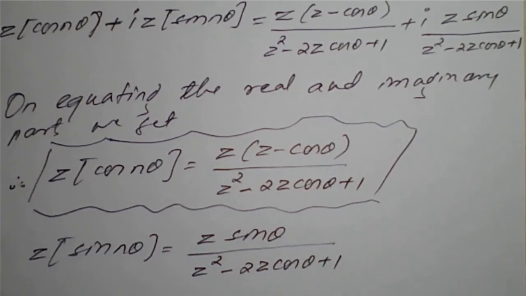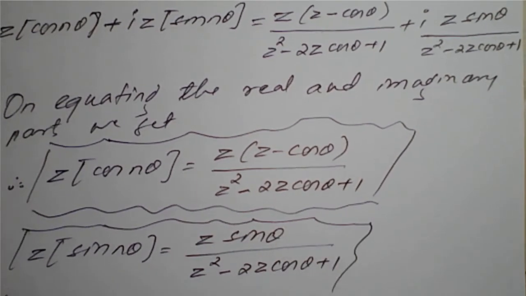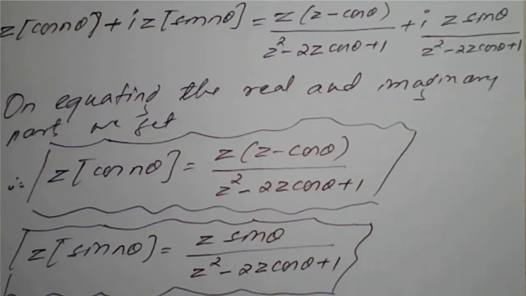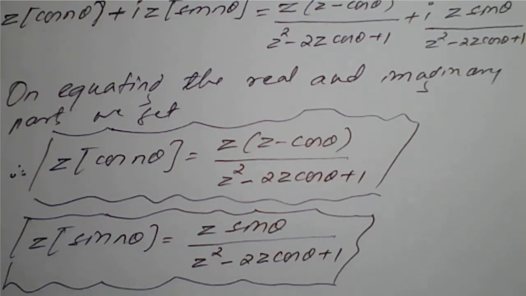So this is the second result, that is the Z transform of sin n theta. Usually we get both results from the same simplification: if you equate the real part, we get the Z transform of cos n theta, and if you equate the imaginary part, we get sin n theta.